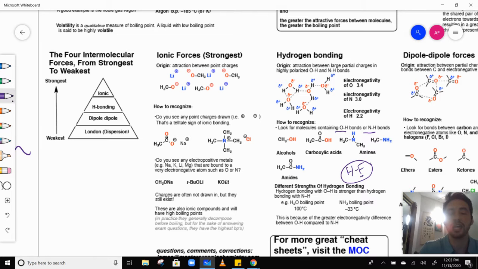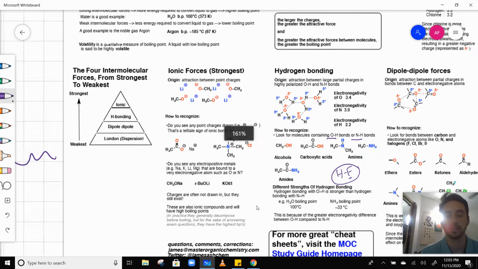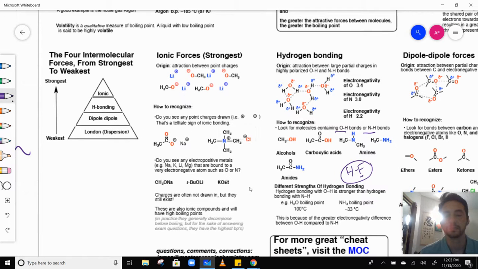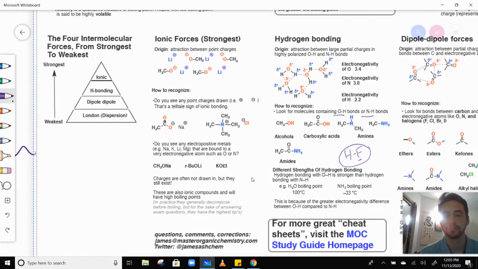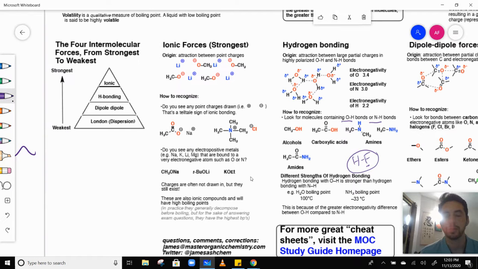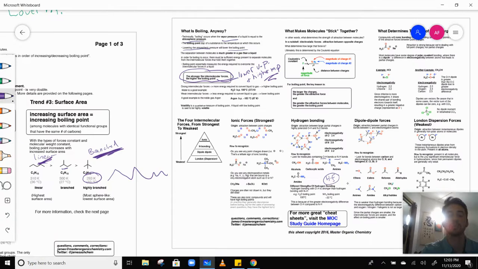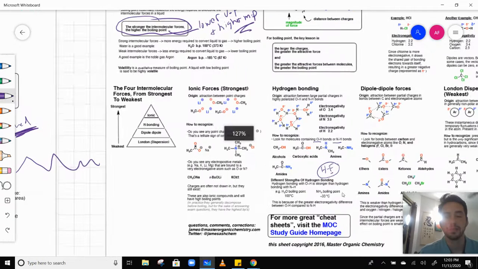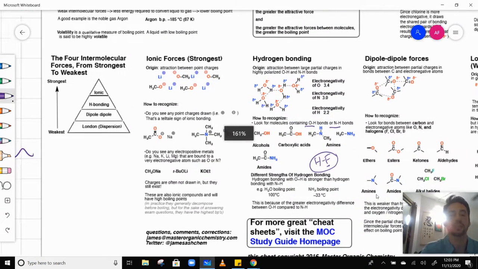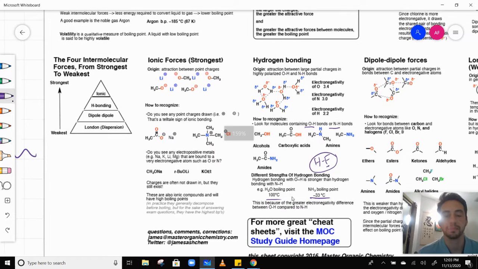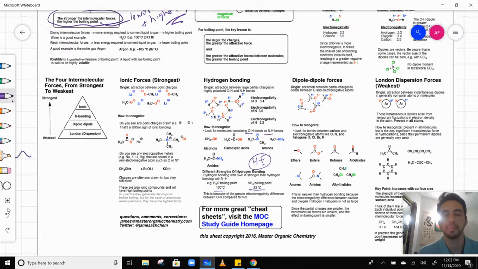You have to see that N and O have to be connected directly to an H. Okay, directly to an H. However, the oxygen ones are much stronger than the nitrogen ones, as it says there. So NH3 has a boiling point of negative 33, whereas H2O is 100. Okay, so just keep that in mind.